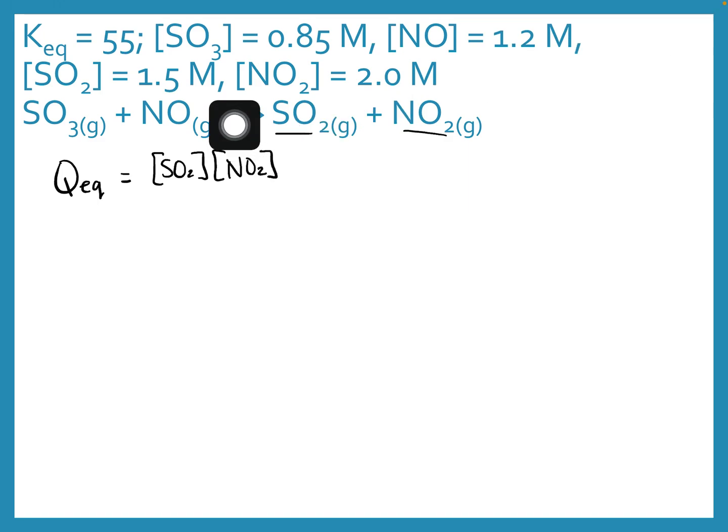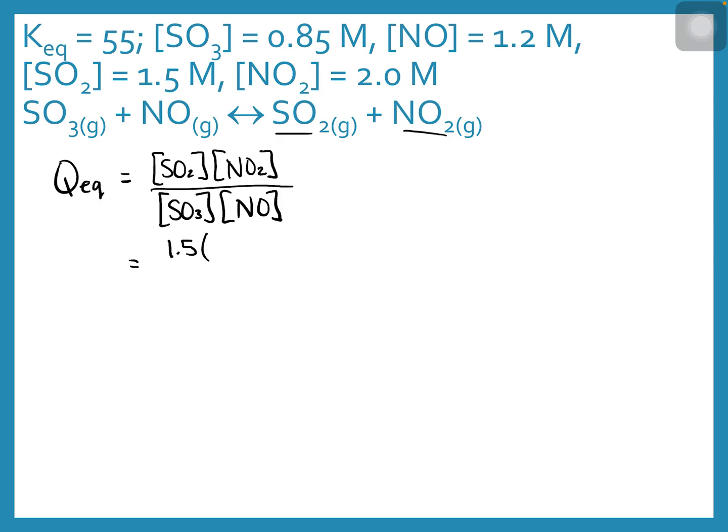Because we have 1 and 1, our exponents are 1, which we don't need to write in, over SO3 and NO. So SO2 is 1.5, NO2 is 2.0, SO3 is 0.85, and NO is 1.2. We're going to calculate this quickly.